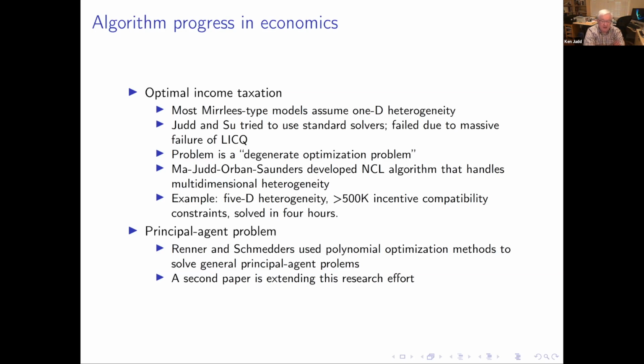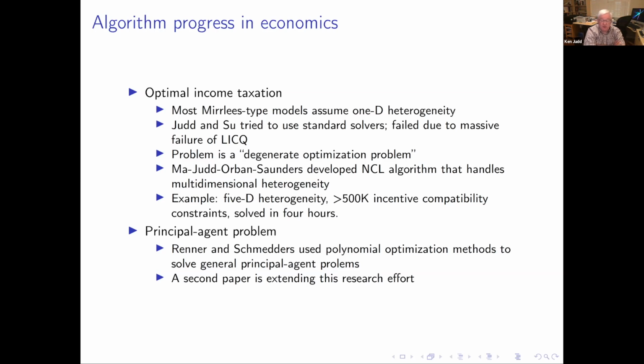So now there's a technology for solving degenerate optimization problems. And that is a phrase that covers not just Mirrlees-style income tax, because actually this is just a kind of principal-agent problem. So there are numerous principal-agent problems that can now be solved that prior to this were intractable. There's no theory behind them, and none of the solvers could use them, but now this is available.